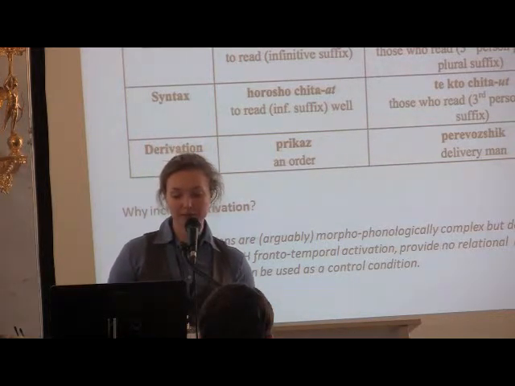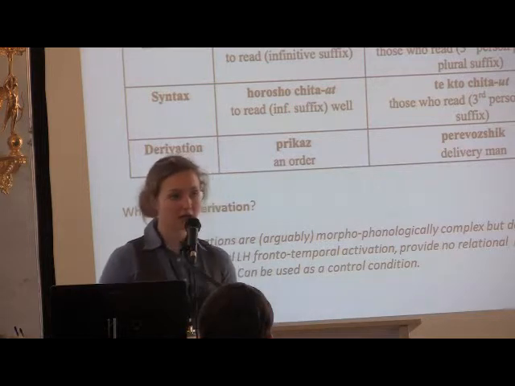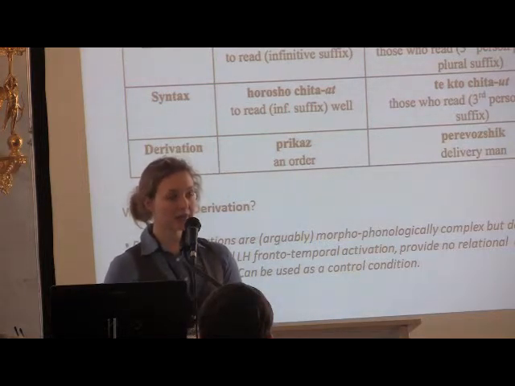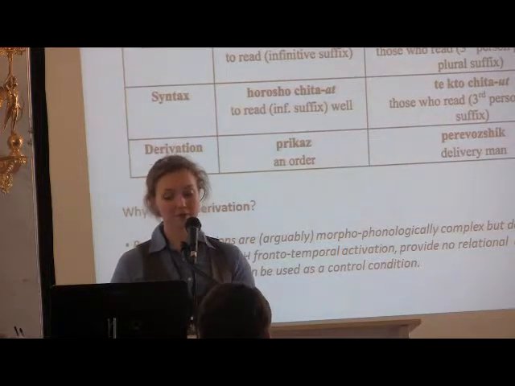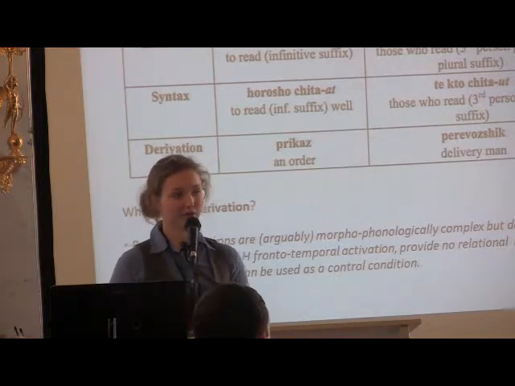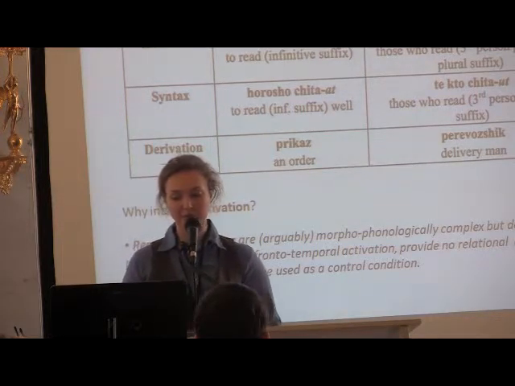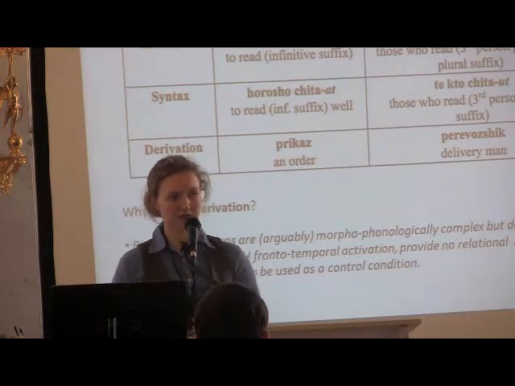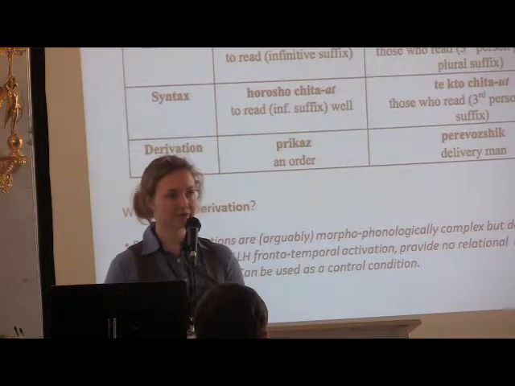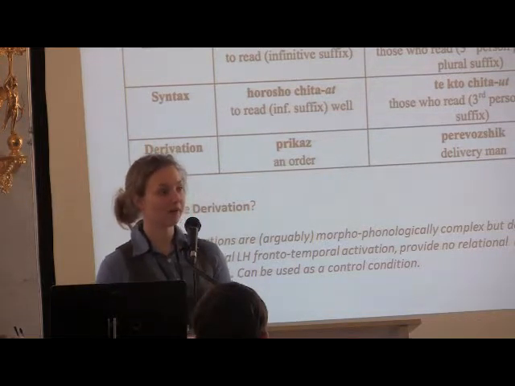And the complex forms, перевозчик, they would have at least two suffixes, so either a prefix and a suffix, or two suffixes. Here's an example, deliveryman. So pere is a cross, voz is the stem, and shchik is the suffix that marks profession, like in English, teacher, archer.